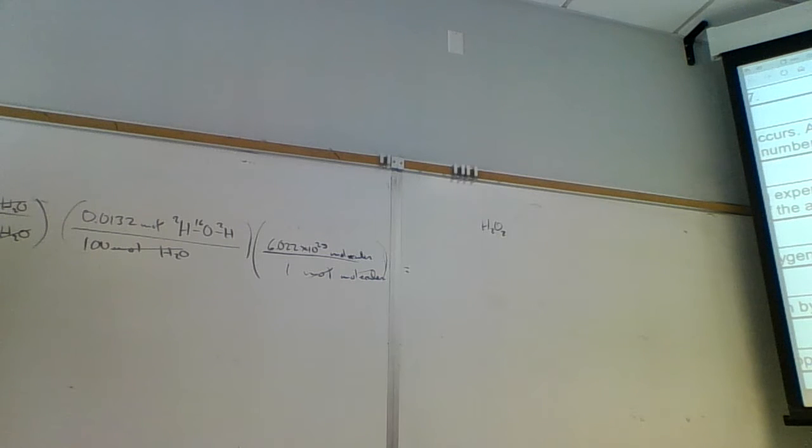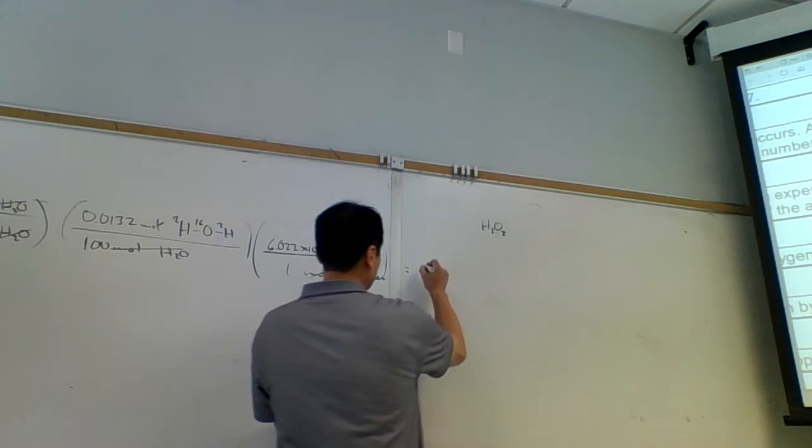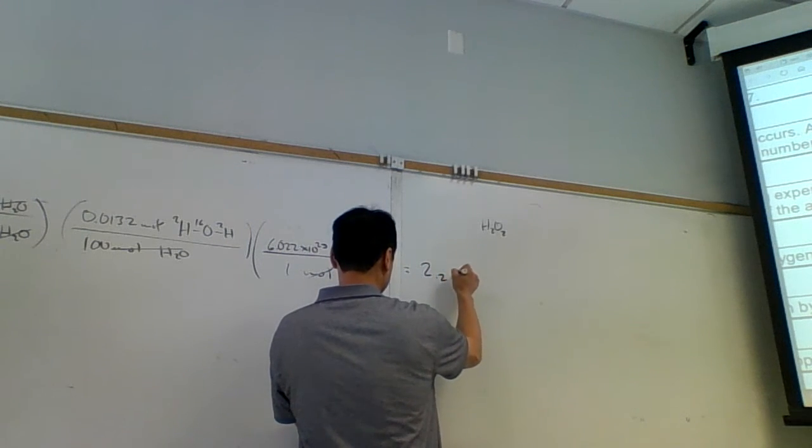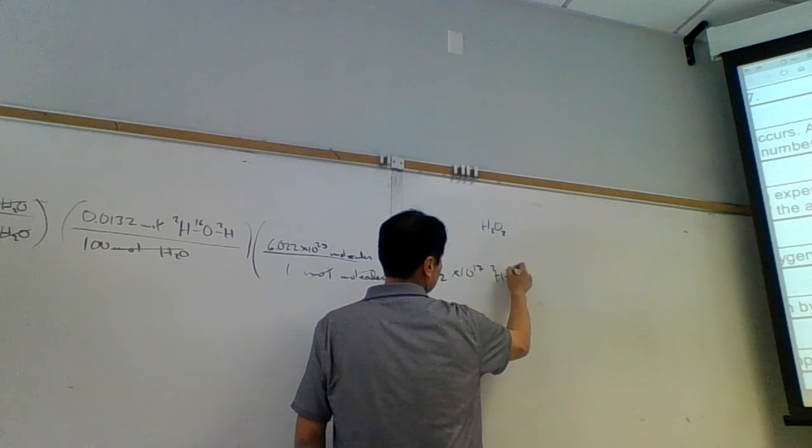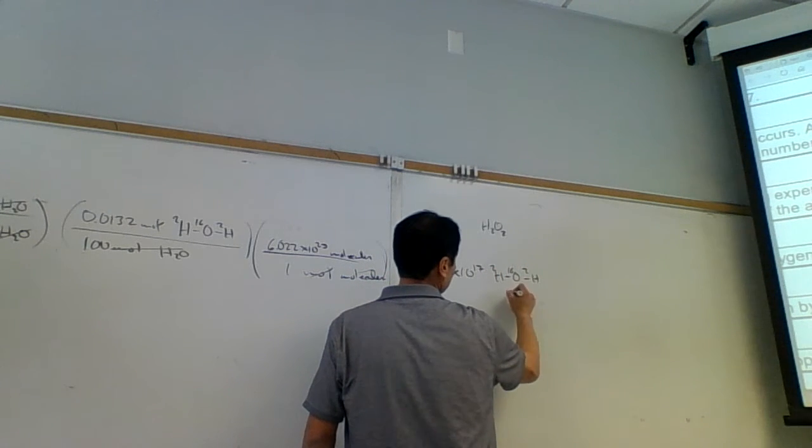It's going to be 0.05 divided by 18.02, times 0.0132 divided by 100, times 6.022 times 10 to the 23rd. That gives 2.2 times 10 to the 17 H2O16H2 molecules.